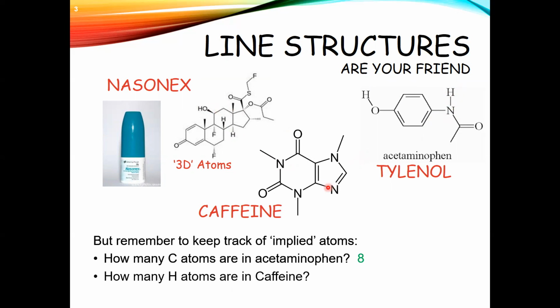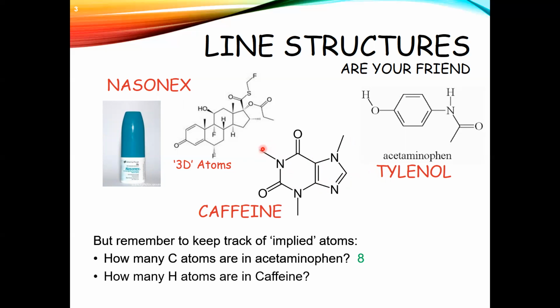But we don't draw the hydrogens bonded to carbon. So the first thing we have to do is figure out where carbon is, and then figure out how many hydrogens are on each carbon. On caffeine, I have one end here, one here. I actually have a carbon here, and one here, where these bends are. You have one here, here, here, and here. So now let's count the hydrogens on each of those.